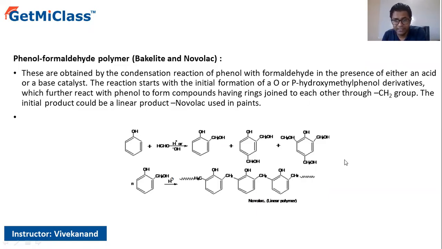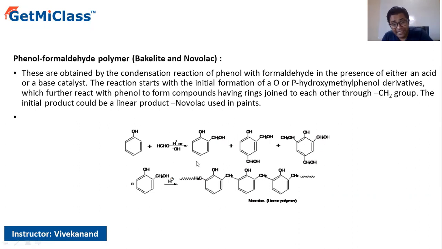We have seen 3 derivatives, correct? Further, it reacts in order to give a linear polymer wherein the compounds contain the chain-like system, the ring-like systems connected to each other by the help of a CH2. Now, as I said, this particular linear product novolac is used in the paint.